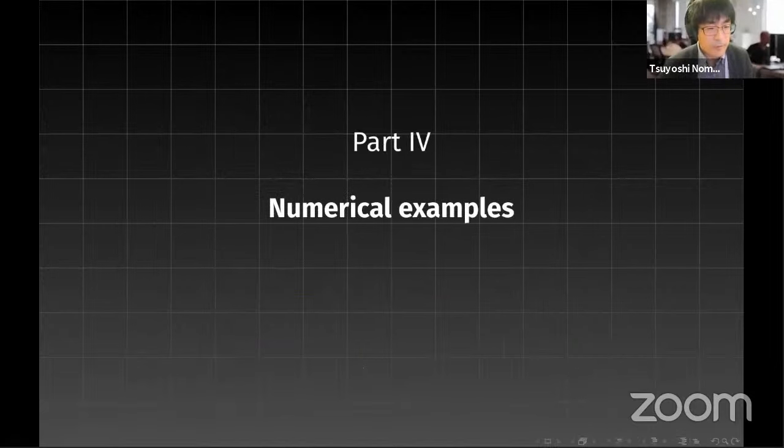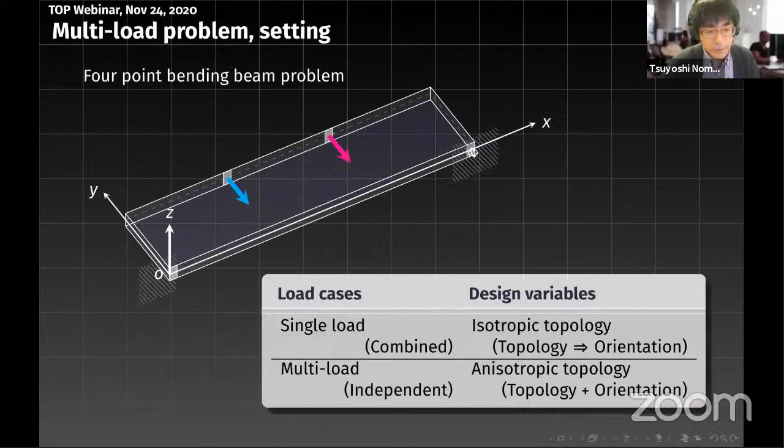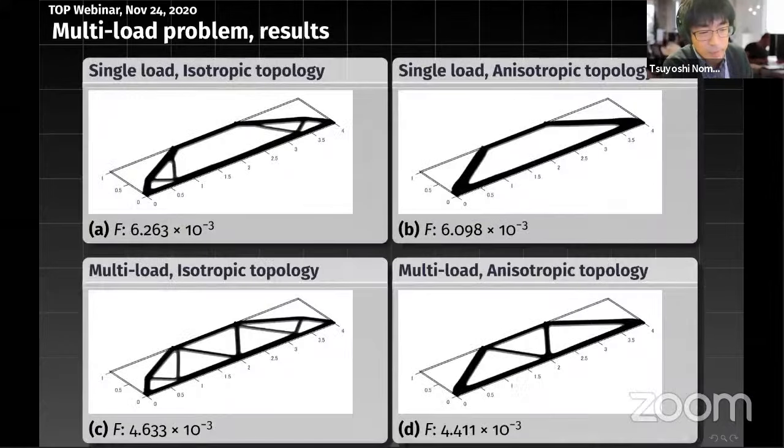So, I want to move to the numerical examples. The first one is a multi-load problem setting in a planar structure. I want to compare the single-load formulation and the multi-load formulation to show its capability. Basically, it works okay.